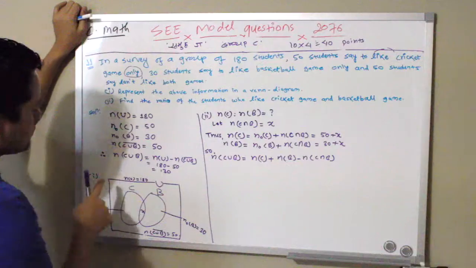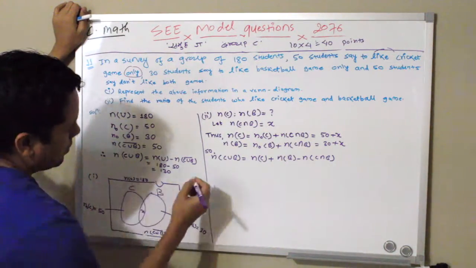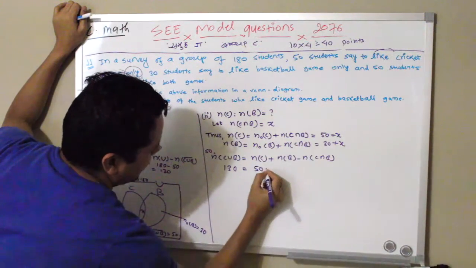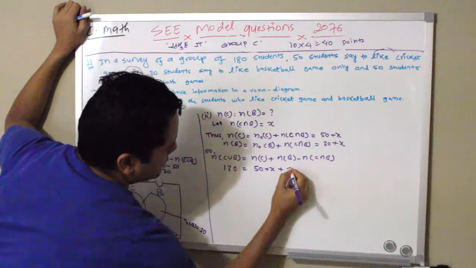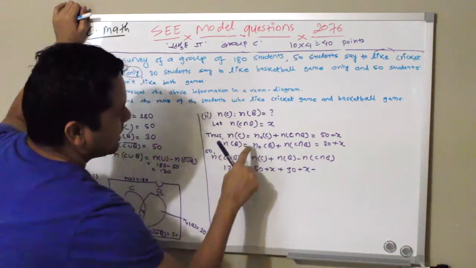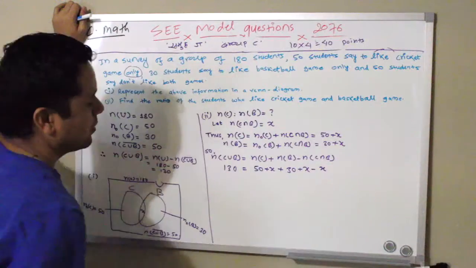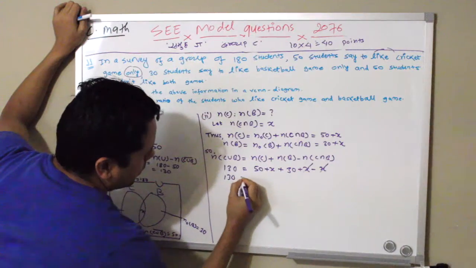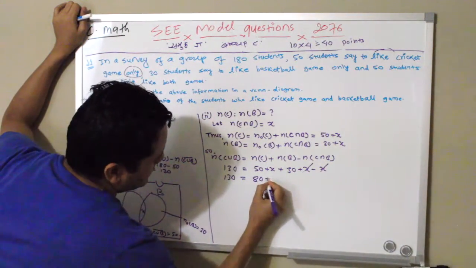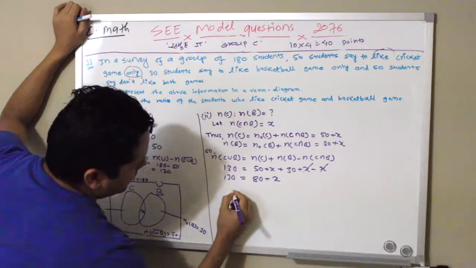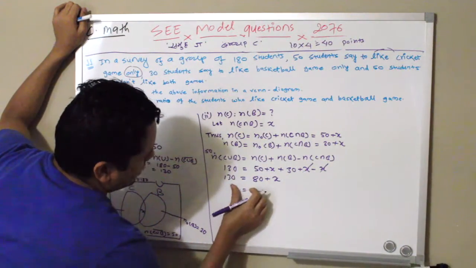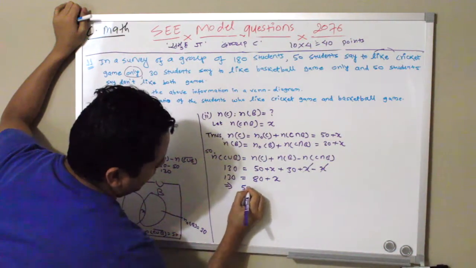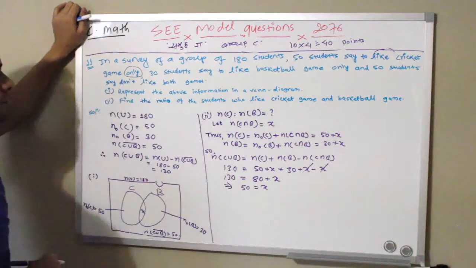So substitute the values: 130 equals 50 plus X, plus 30 plus X, minus X. Now you can cancel them out. So 130 equals 80 plus X. Taking that to the left side, this implies 50 equals X.